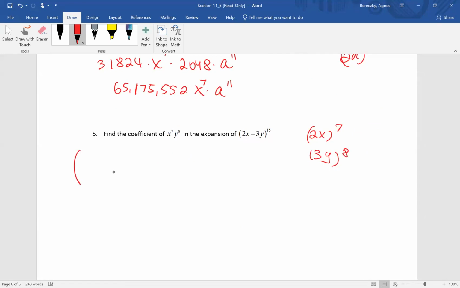So when I set this term, again, the numbers have to add up to 15, and the exponent of the second term goes on the bottom. So we have 2x to the 7th and negative 3y to the 8th.